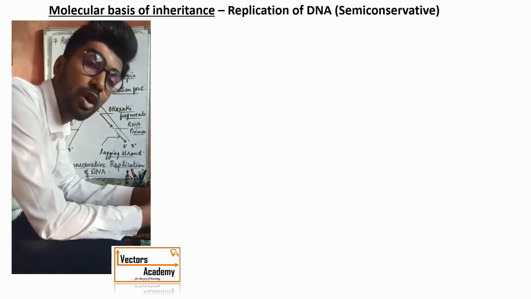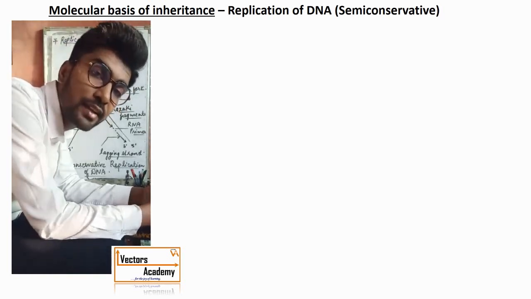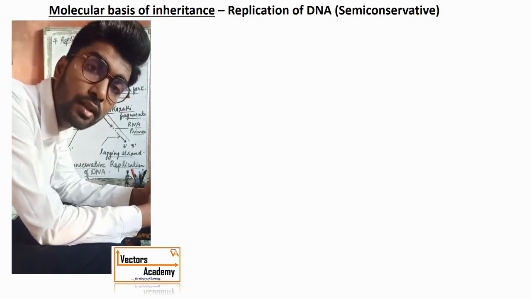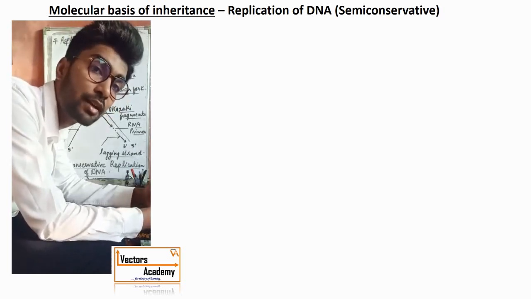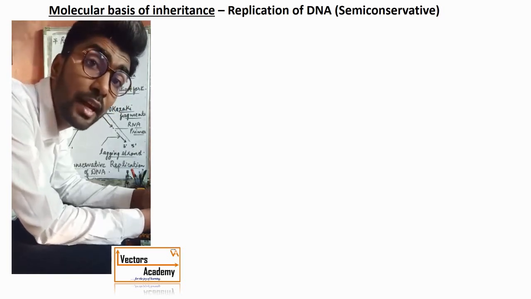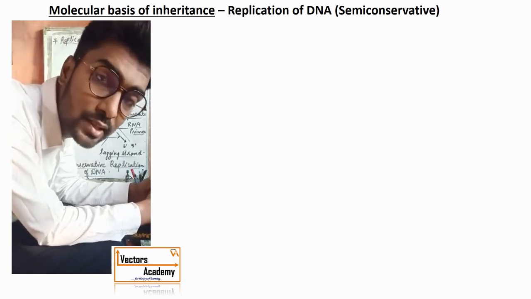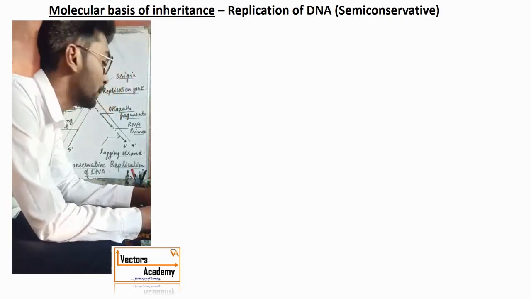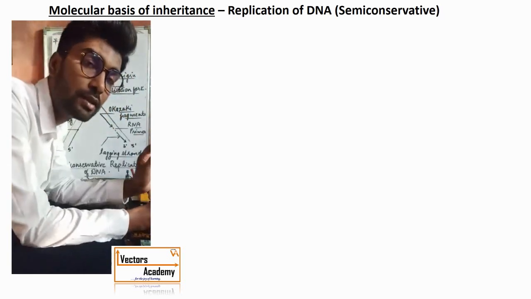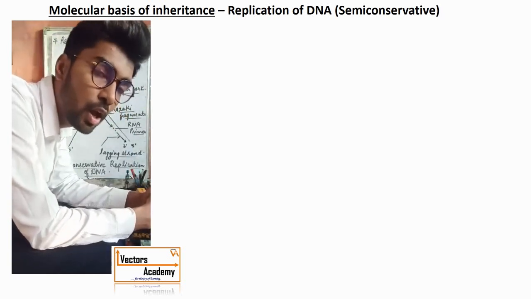Replication of DNA generally takes place in the S phase, that is the synthetic phase of the cell cycle, which takes place in the interphase. Interphase is divided into G1 phase, S phase and G2 phase. So replication of DNA takes place in the synthetic phase of the interphase.